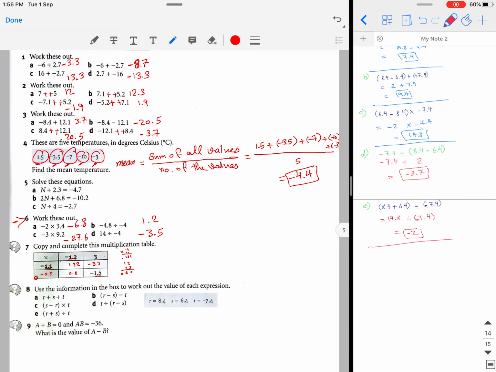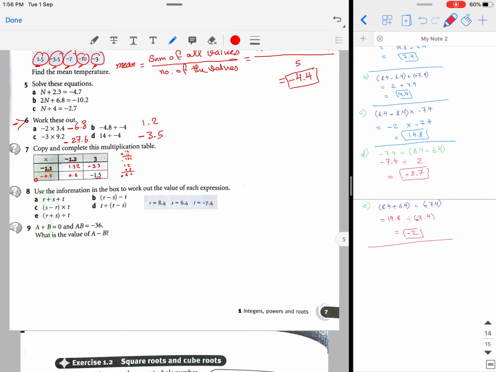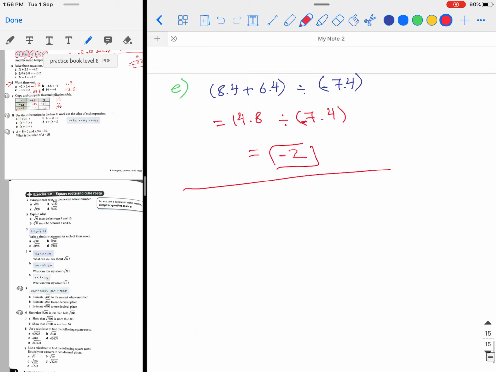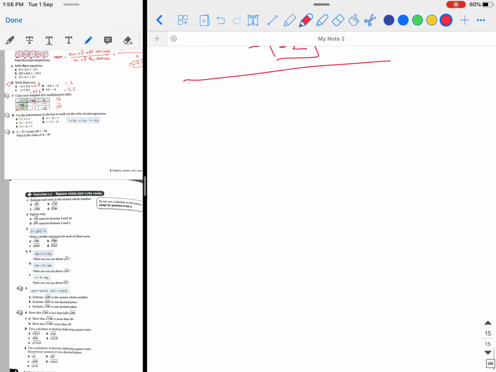Okay, back again here. The last question, he said A plus B equals 0 and A multiplied by B equals negative 36. Okay, so here I know that A multiplied by B equals negative 36 and A plus B equals 0, right? So I need two numbers.